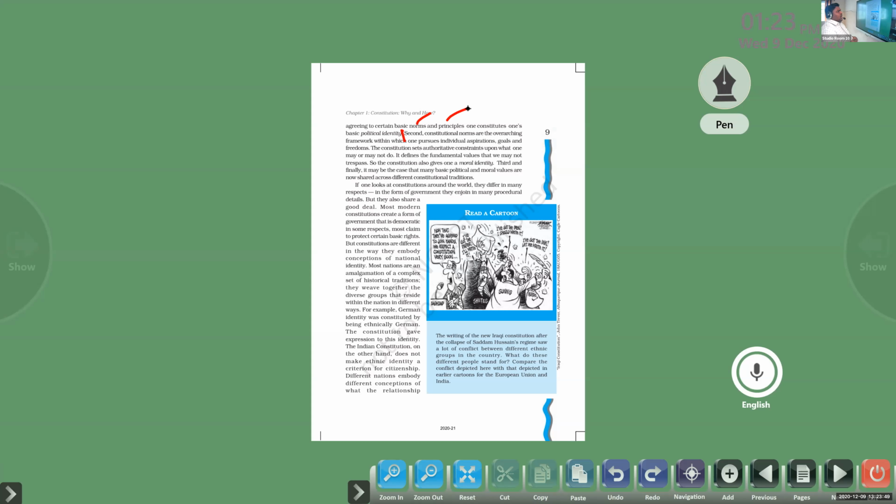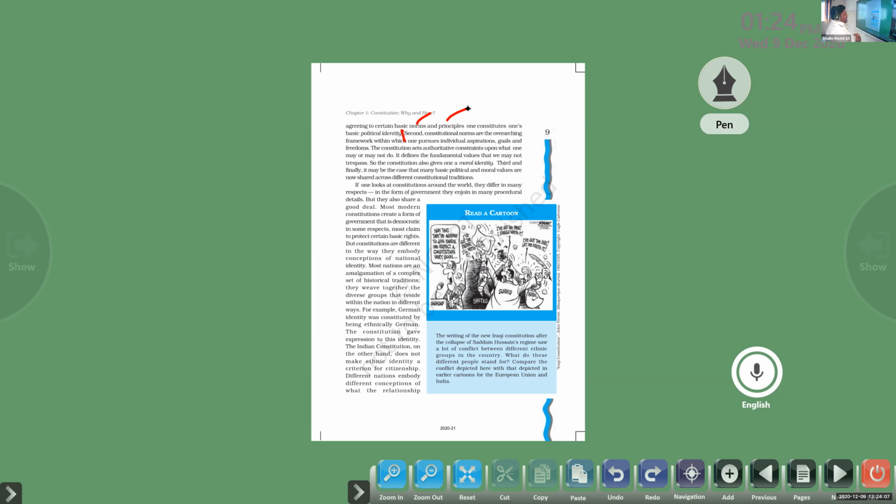Okay, because we are governed by a single government, a single constitution. So, single political identity. Secondly, constitutional norms are the overarching framework within which one pursues individual aspirations, goals and freedom.